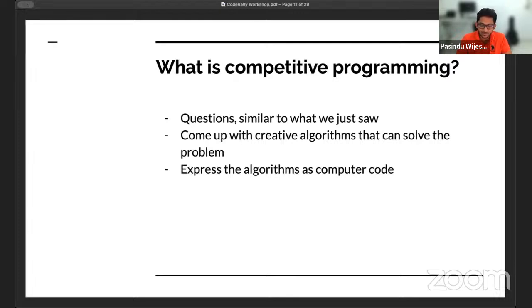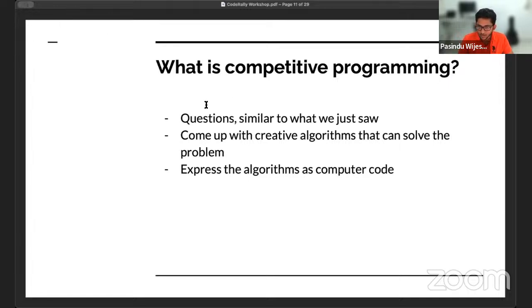And during the competitions, what usually happens is you write this code and submit it, and a grader system is going to evaluate your code by testing it against some sample test cases. And so then you're going to get some score.